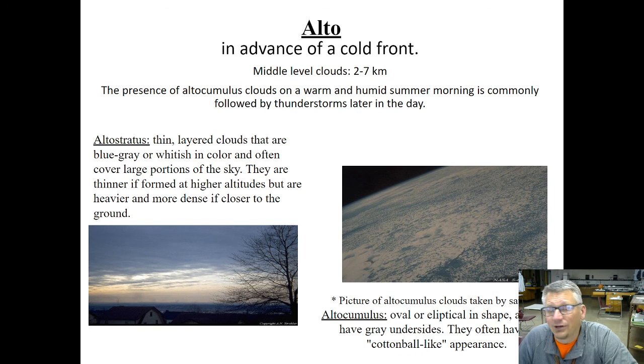Our middle clouds are going to come with the alto prefix, and there's no just alto clouds. We have altostratus and altocumulus. Altostratus is going to be that mid-level covering a large area. We also have altocumulus, and I couldn't find a good picture of it, but this is from a satellite.